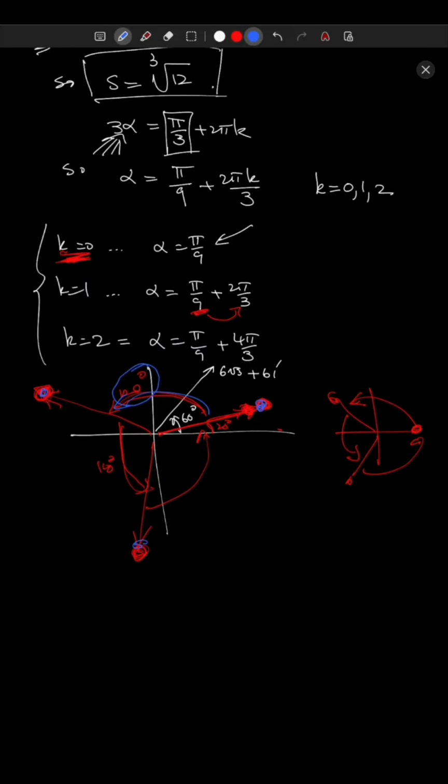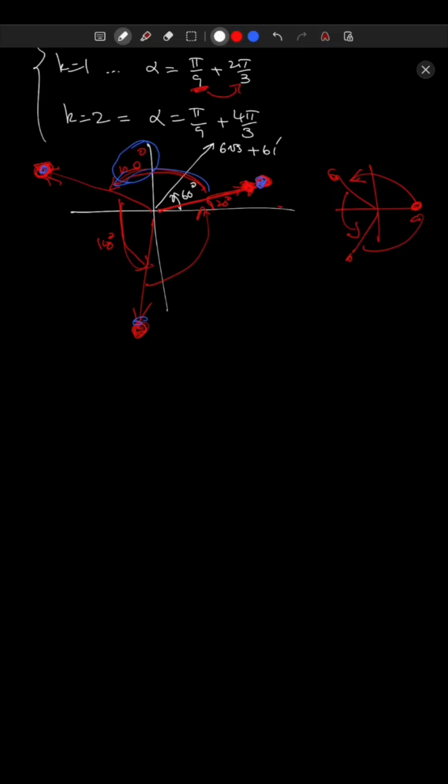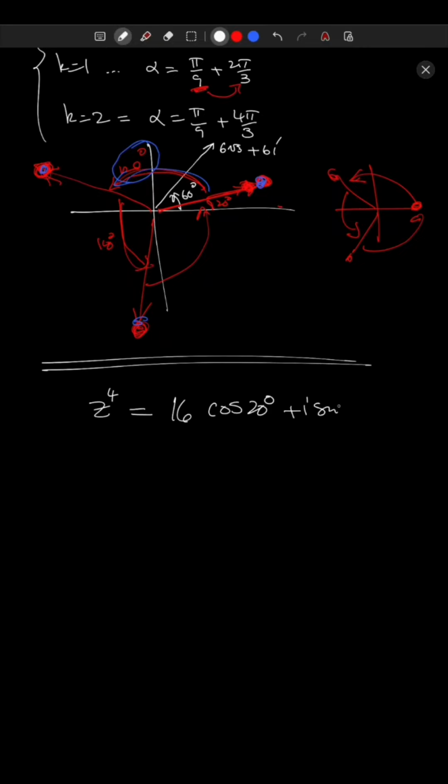So, for example, I can instantaneously solve some problems. Let's say I want to solve z to the fourth is equal to 16 cosine of 20 degrees plus i sine 20 degrees.